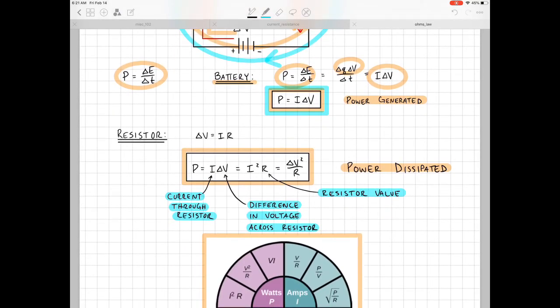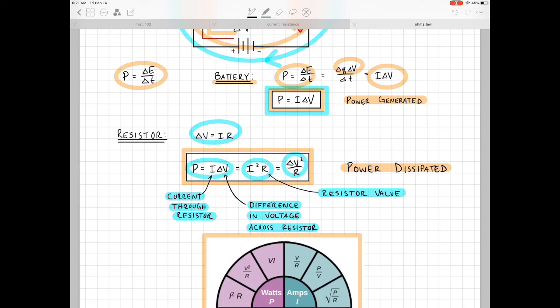So what that means is that for our resistors, where we have Ohm's law, we can just plug directly into this power expression. So the power dissipated by a resistor will be the current flowing through the resistor multiplied by the voltage difference across the resistor. Or we can sub in Ohm's law and get that the power is I squared R. Or substitute in differently and get delta V squared over R. Each of these three expressions is equivalent.